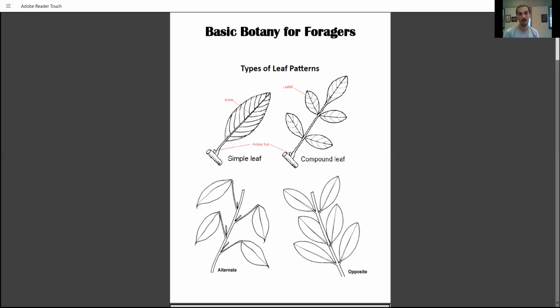If on that compound leaf, every single one of those little leaflets had its own little bud at the base of the leaf, then we would classify those as simple leaves on a branch. But because there is one auxiliary bud where the leaf stem and the branch meet, and then there are all these tiny little leaflets, and those leaflets don't have their own buds, we classify that as, okay, technically that's all one leaf still, and we call it a compound leaf.